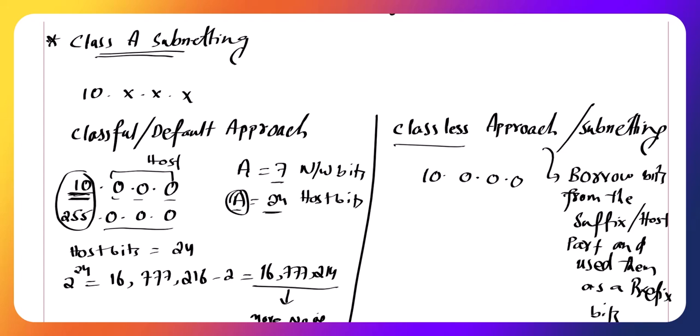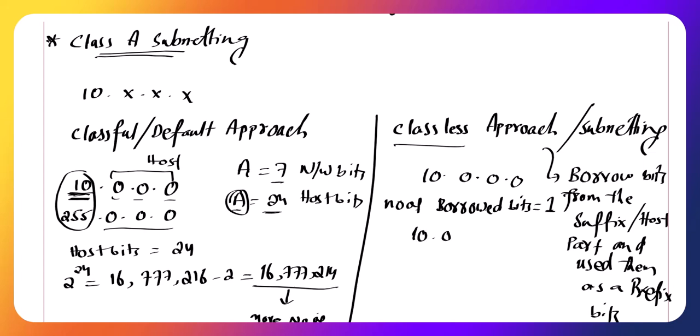Let's suppose we borrow 1 bit. So the number of borrowed bits is equal to 1.